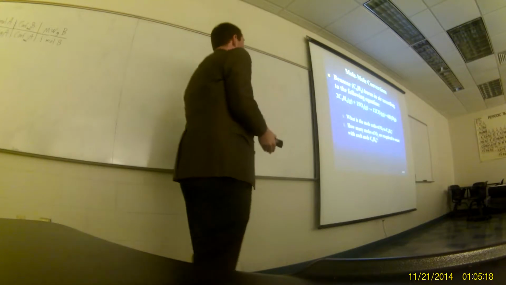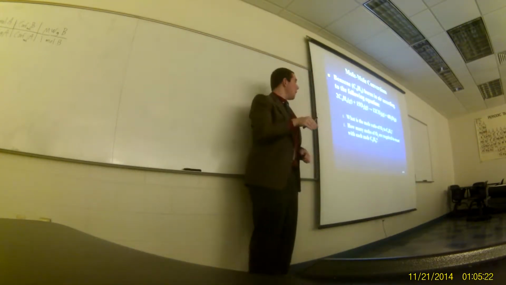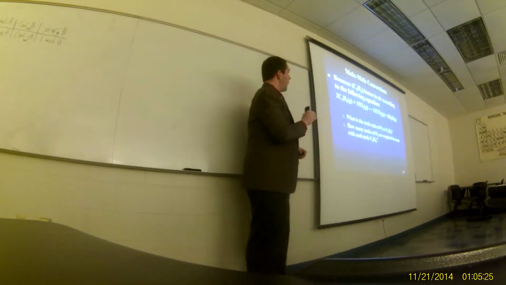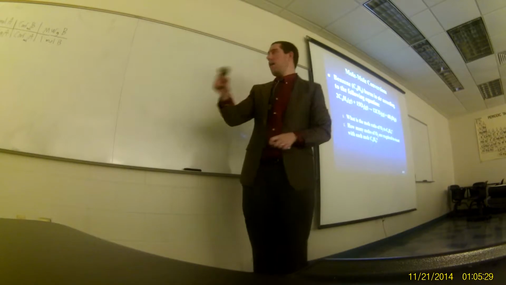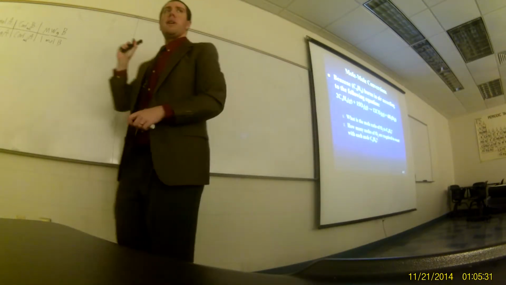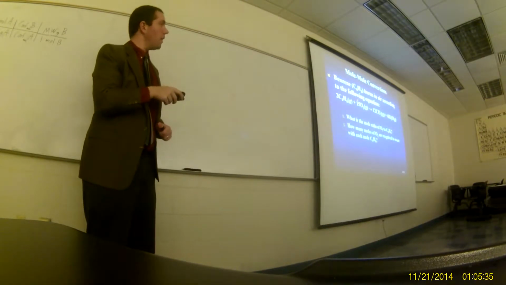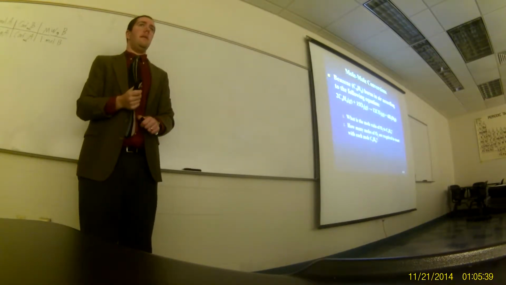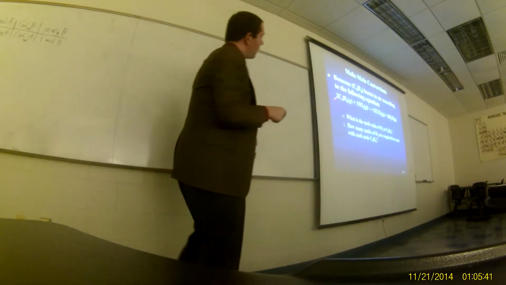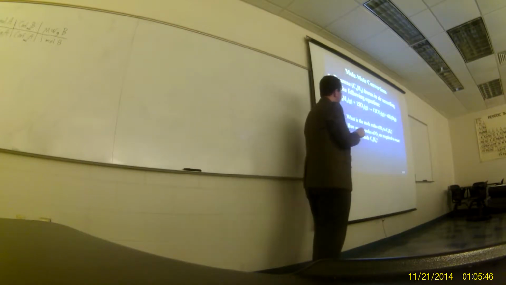Next question is, how many moles of oxygen do we need to react with each mole of benzene? We can do this on the board, which we will, but you can also do this in your head in thinking about what these coefficients mean. This means that 2 moles of benzene requires 15 moles of oxygen.